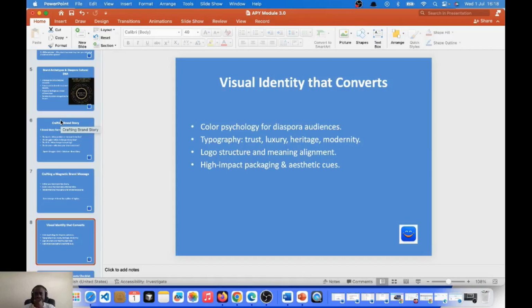Say, for example, you want to create a brand around hearing, and you start putting in colors that are so loud. You start using typography that does not even make sense, because you must put a color that shows calmness, that shows soothingness in the eye of the brand target.